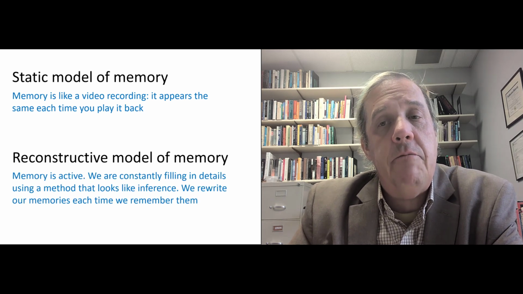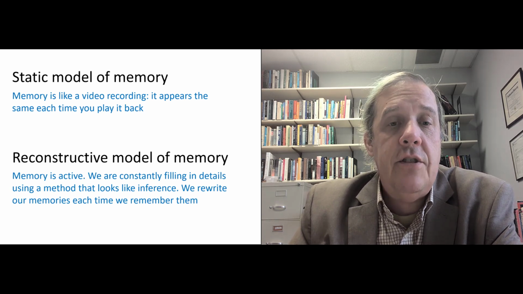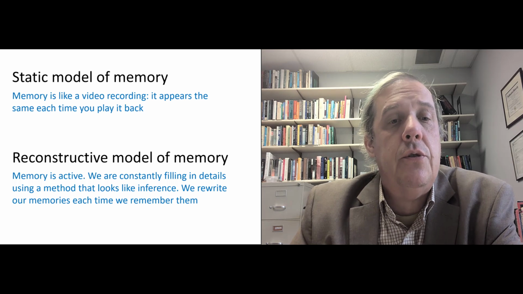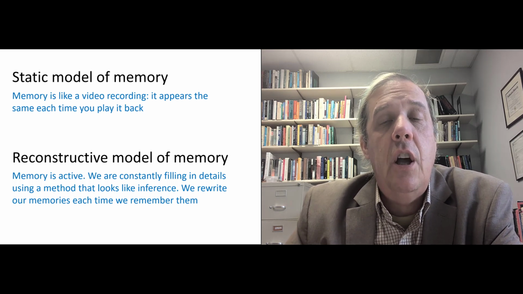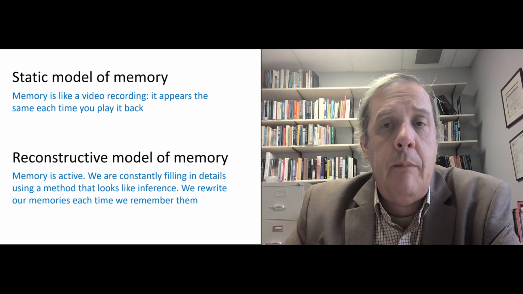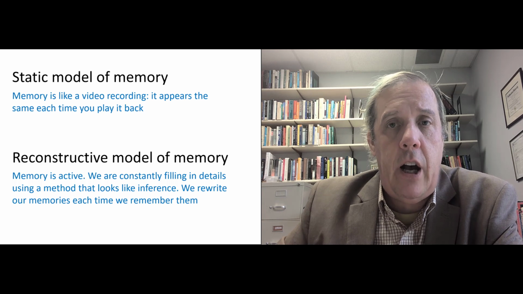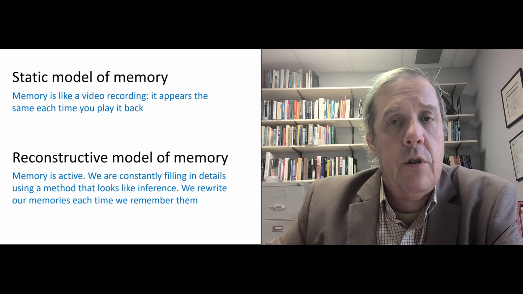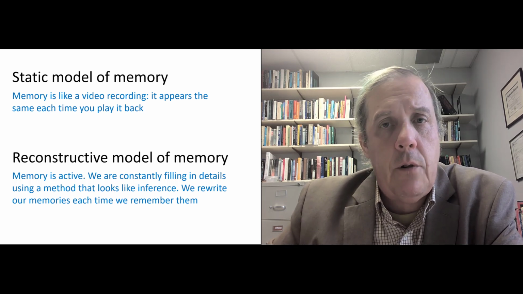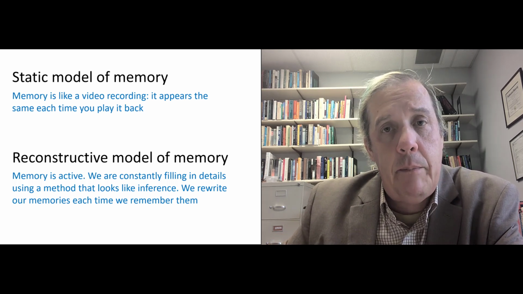On the reconstructive model of memory, memory is active. We are constantly filling in the details using a method that looks like inference. We rewrite our memories each time we remember them. So remembering something periodically will help reinforce it, keep it from being lost forever. But also each time you do it, it's like making a copy of a copy.